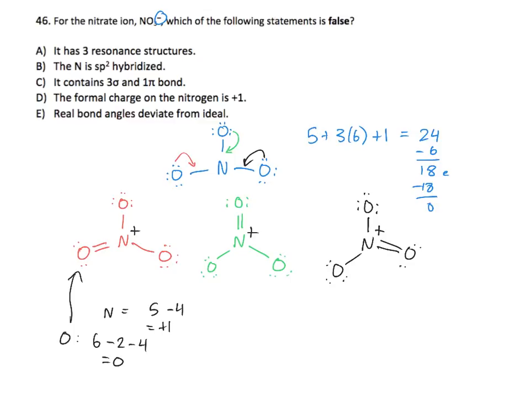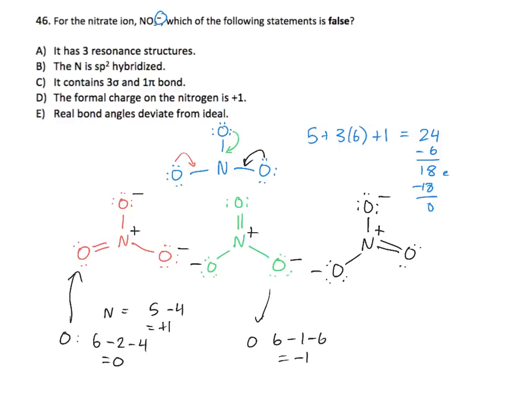So all the double bonded oxygens have formal charges of 0. The singly bonded oxygens have 6 minus 1 minus 6 equals -1. So we're going to put a negative charge on all of those oxygens, like you see here.